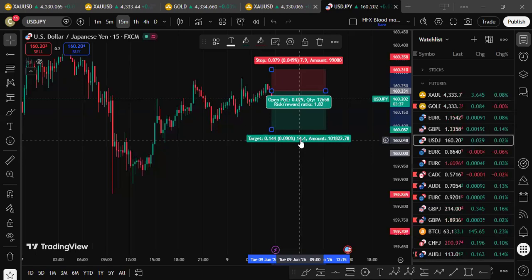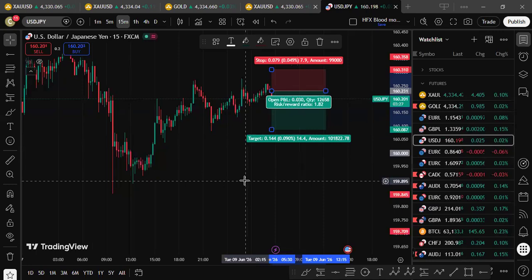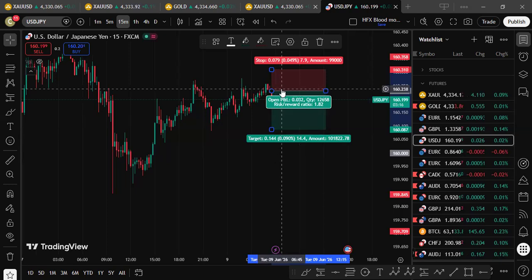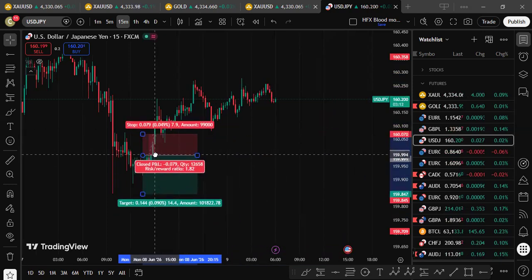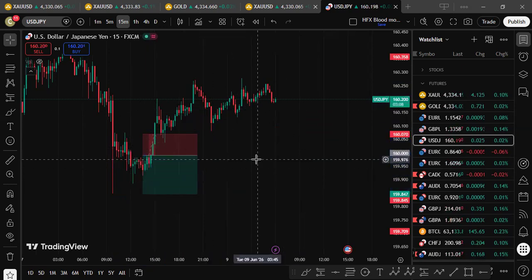So if you take a sell here, you're making profits. There are instances where you take a sell and you lose. That's as clear as it is. If you take a sell in an uptrend market, just like we have right here, of course it's going to mess you up.